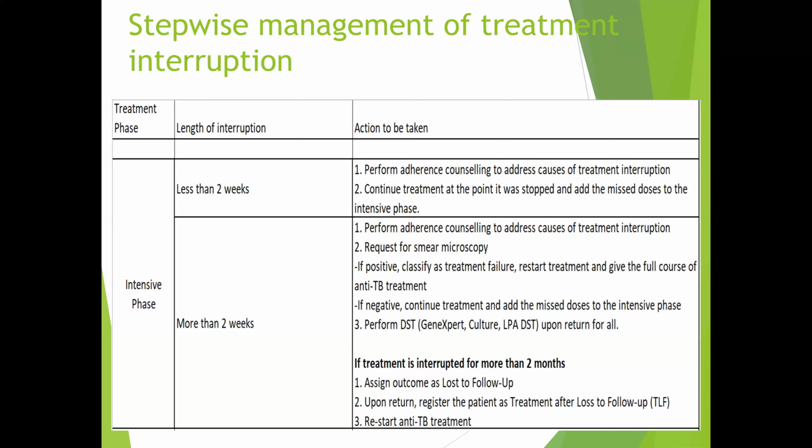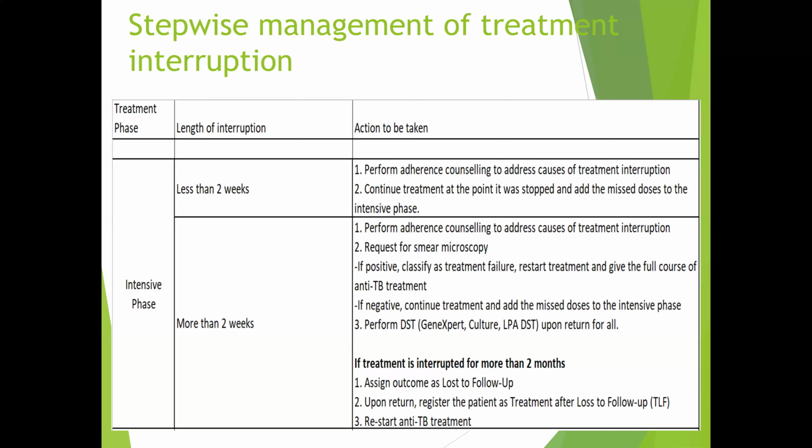These are the stepwise ways in which we address interruption of treatment. If the patient is in the intensive phase, that is, the first 2 months of treatment, and has interrupted for less than 2 weeks, we just perform adherence counseling, and then we hand over the drugs that they have missed. If they have missed more than 2 weeks in the intensive phase, we still do adherence counseling. For those who are bacteriologically confirmed, we do a smear.